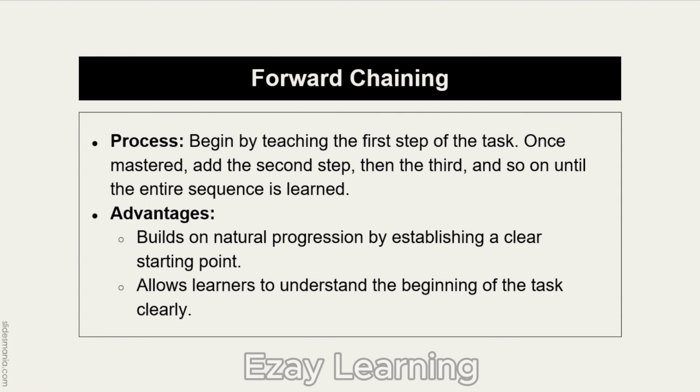You will complete it, but you will be providing prompts in further steps. You need to teach the first step first, so the client has to master doing the first step independently. Then you will teach them how to brush their upper teeth first, then the lower, right or left side, or back of the teeth. So basically you are teaching them step by step and you are starting with the first step. That would be forward chaining.